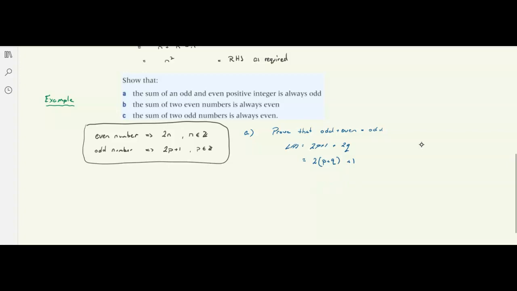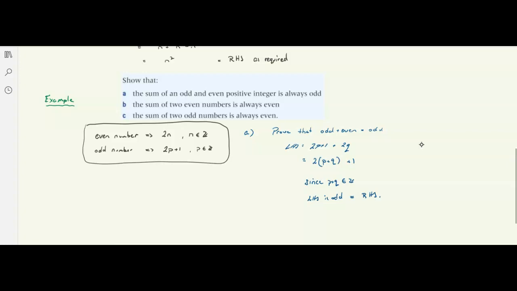I could say, since p plus q is an integer, the left-hand side is odd. So therefore it's equal to the right-hand side.